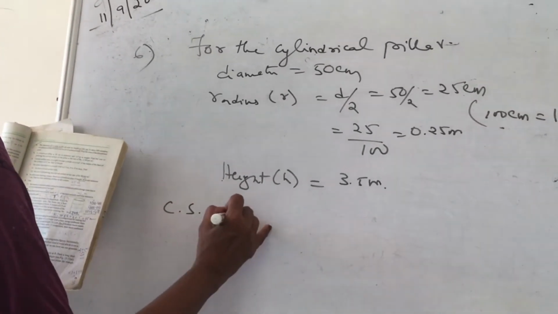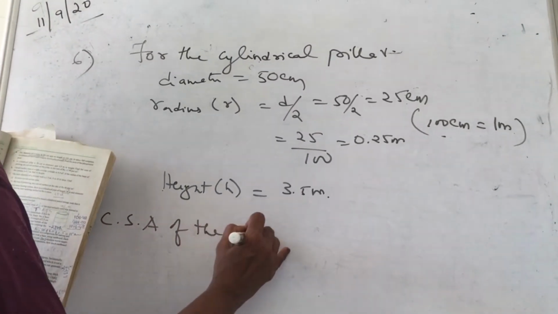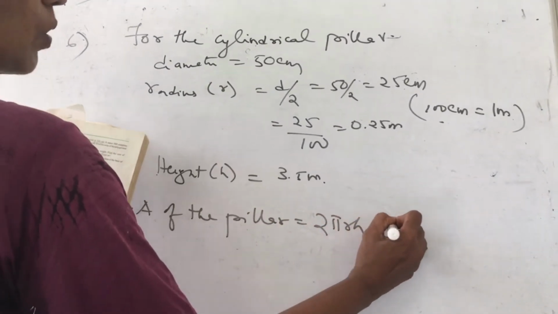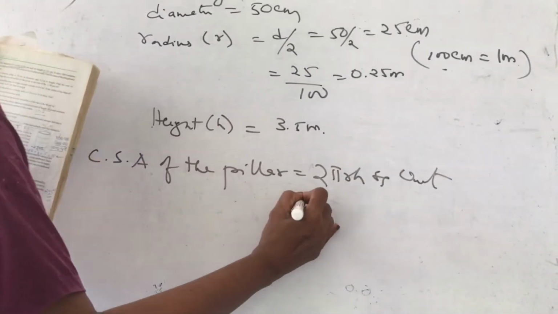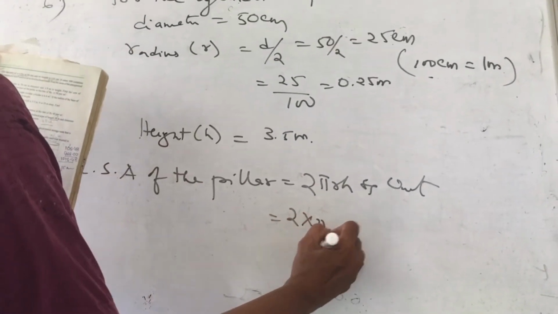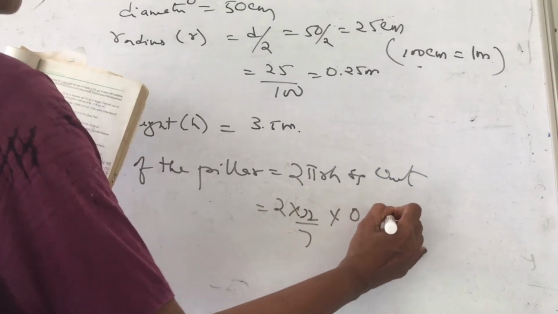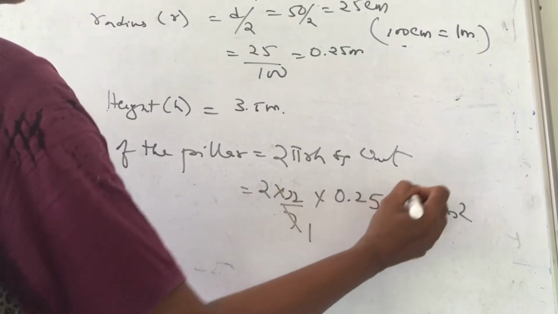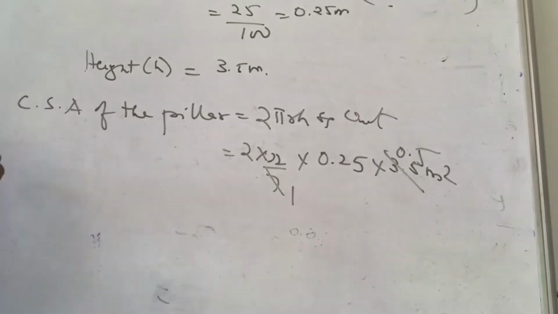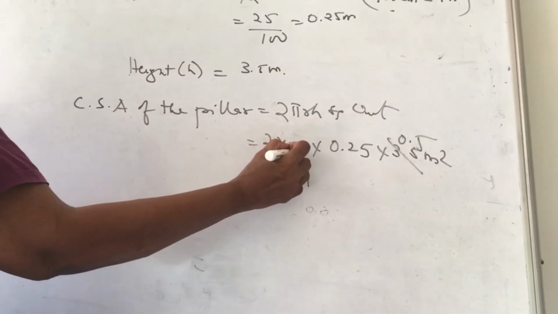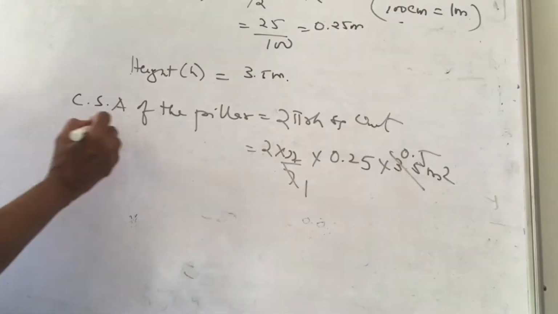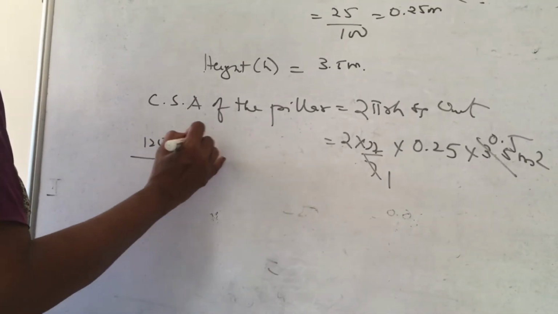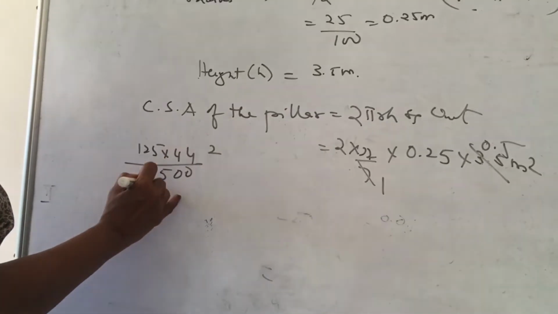CSA of the pillar is equal to 2 pi RH square units. 2 into 22 by 7 into 0.25 into 3.5 meters square. 7 divides 0.5 times. 42 into 22, 44. 25 into 5, 125. 125 into 4, 500.